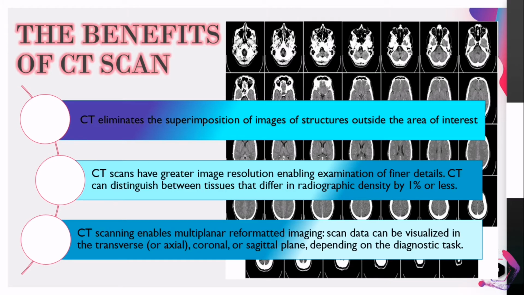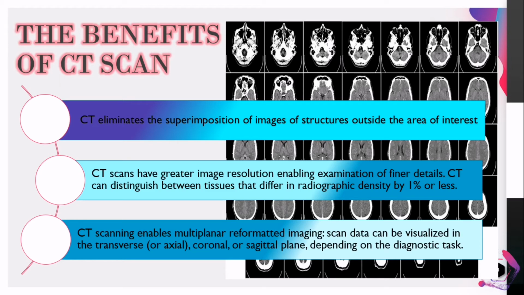The benefits of CT scan. 1. CT eliminates the superimposition of images of structures outside the area of interest. The inherent high contrast resolution of CT enhances differences between tissues that differ in physical density by less than 1%, such that they can be distinguished. 2.